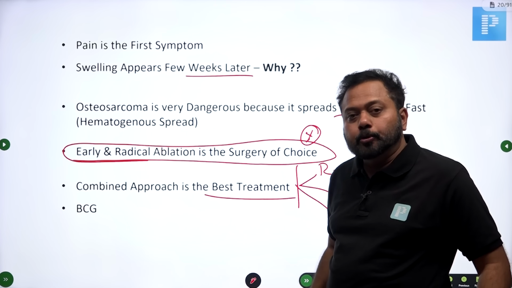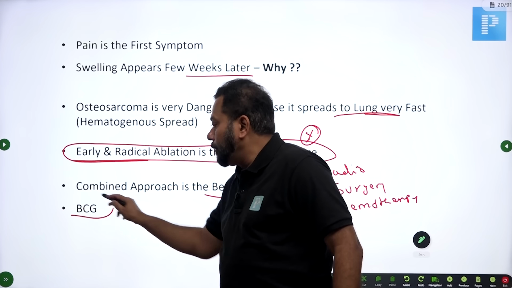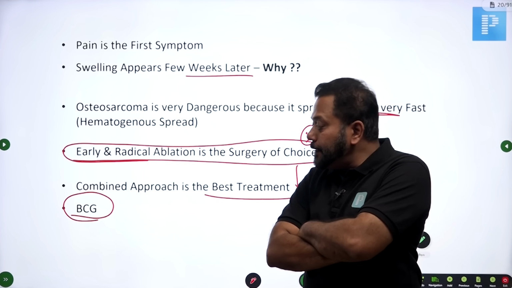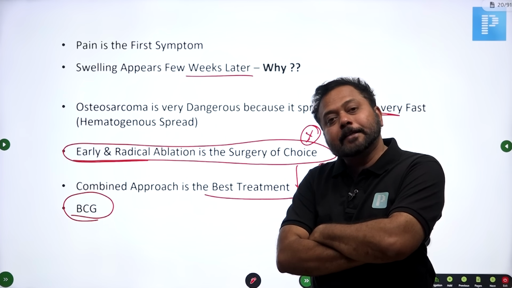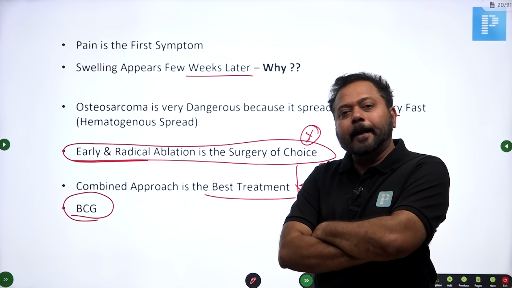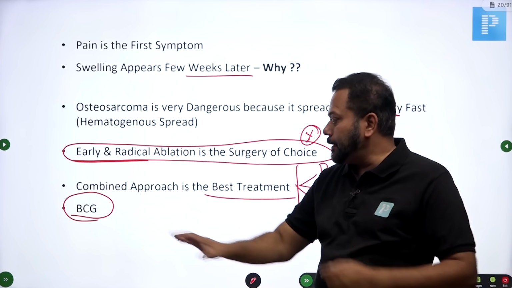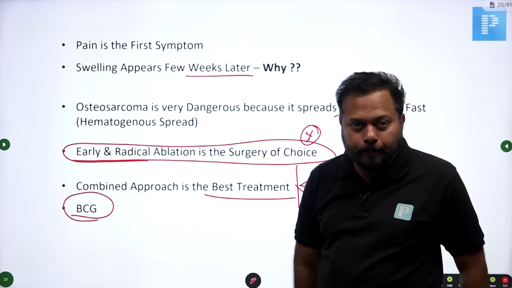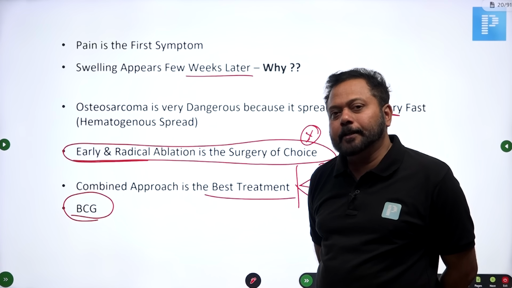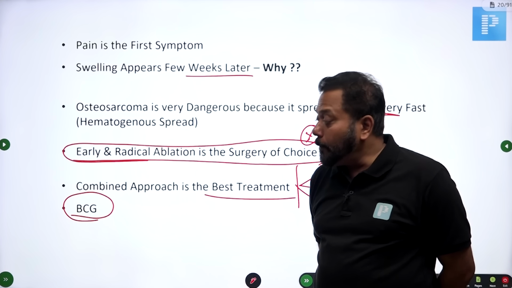Okay. And you should know BCG. BCG is a vaccine against tuberculosis, all of us know. When you give BCG, it raises the immune status and gives some sort of protective factor against osteogenic sarcoma. This is a new concept. You should know which vaccine is helpful in raising immune status against osteogenic sarcoma: BCG.